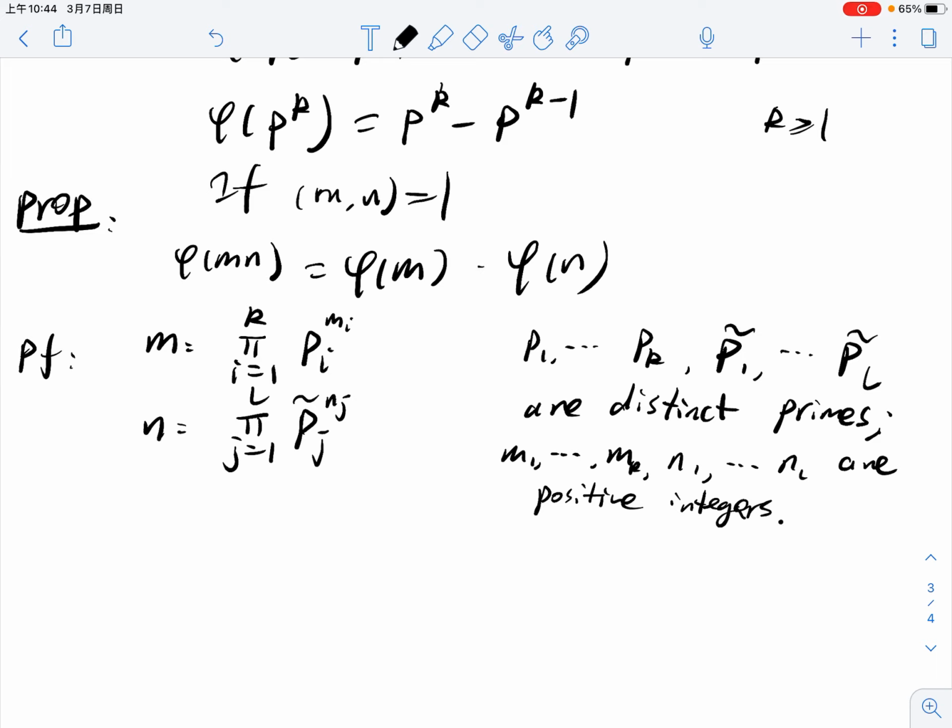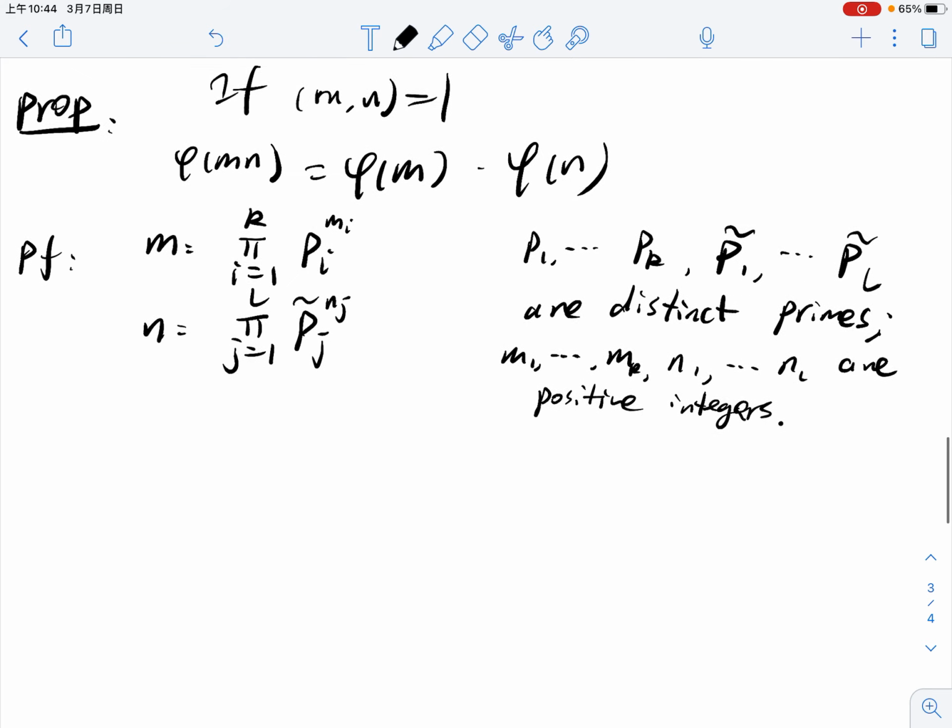Because here we use the assumption that m and n are relatively prime.